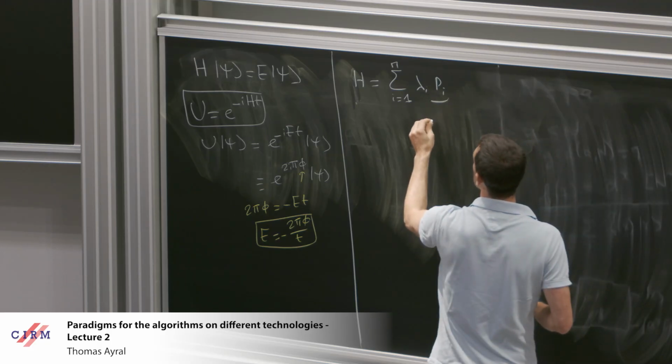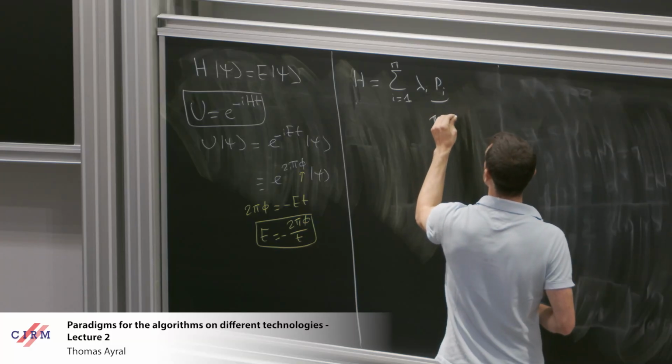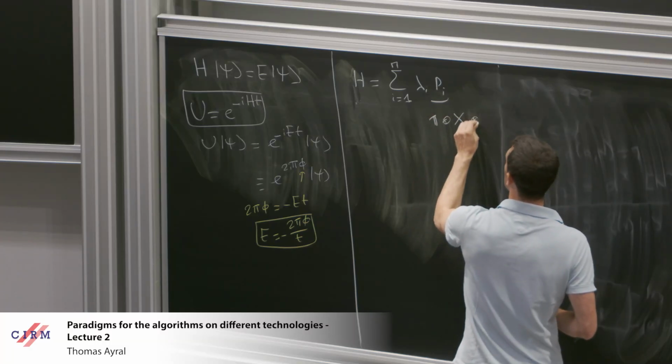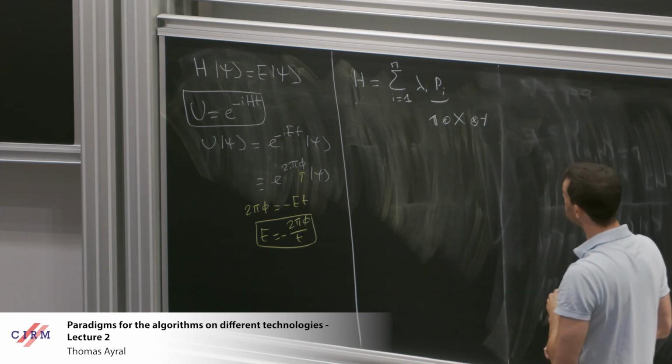So here this is a product. For instance, it could be identity times sigma x, which I'm going to call x, times y. For instance, one of the P_i could look like that.